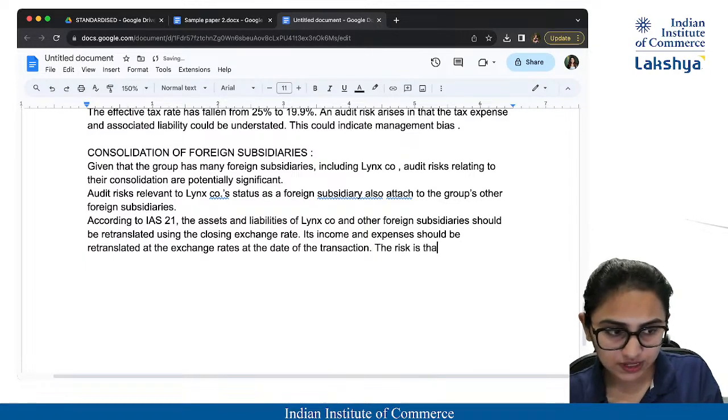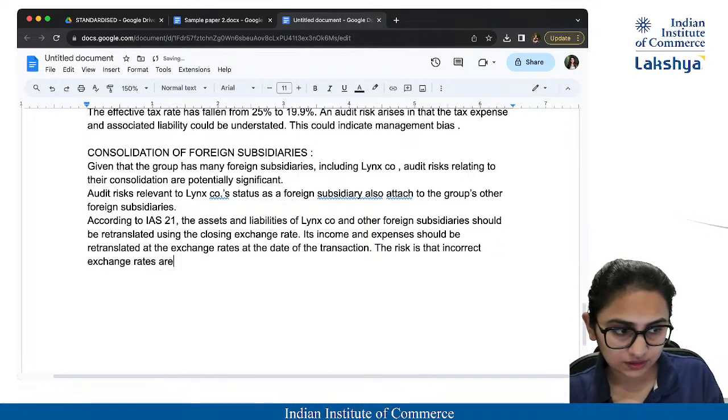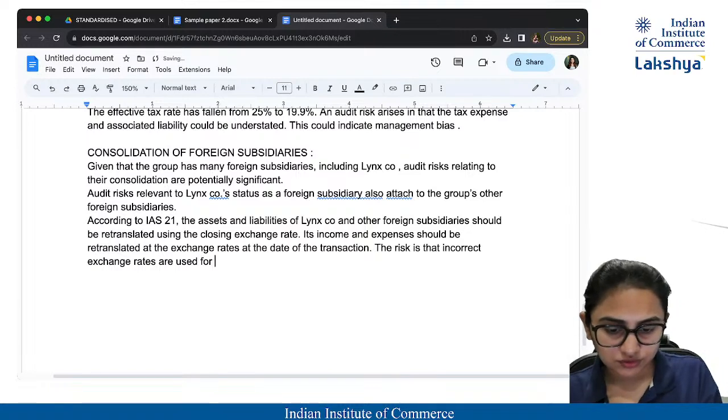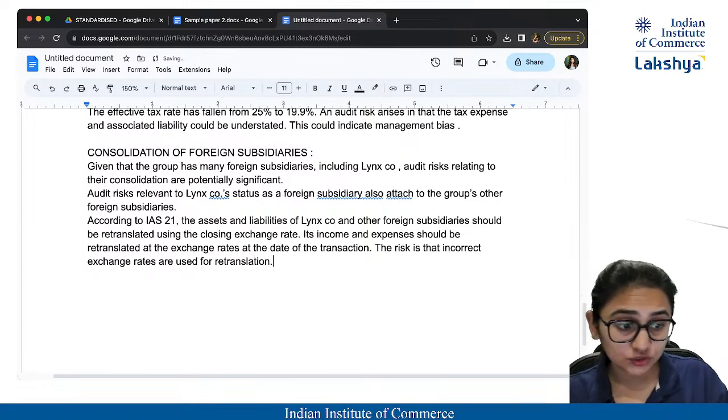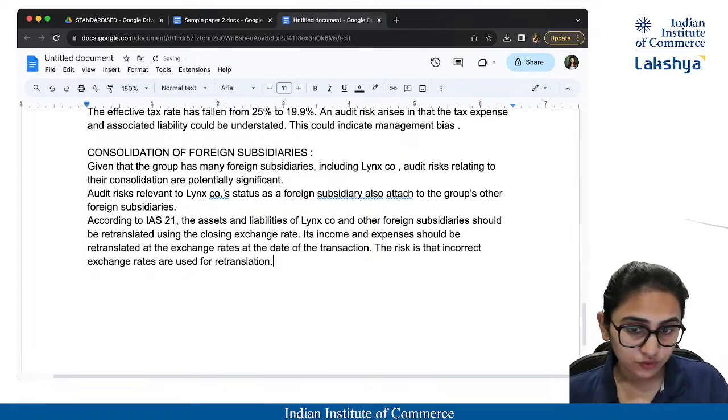The risk is that incorrect exchange rates are used for retranslation. Proper rates should be used for retranslation.